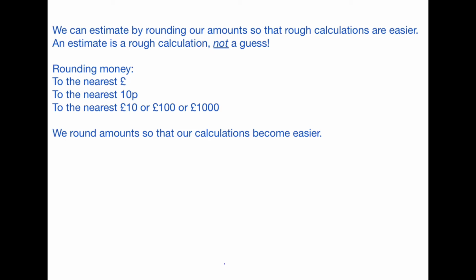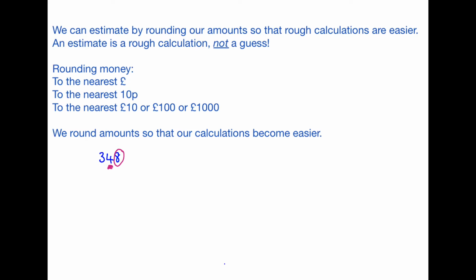For example, if we started off with 348 and we had to round that to the nearest 10, then what we need to do is look at our tens digit, so that's the 4, and that will either stay as a 4 or it'll move up to a 5, and it's the 8 that tells us what to do with it. Remember when you're rounding, you work out which number it is that you're rounding and then you look at the one following it.